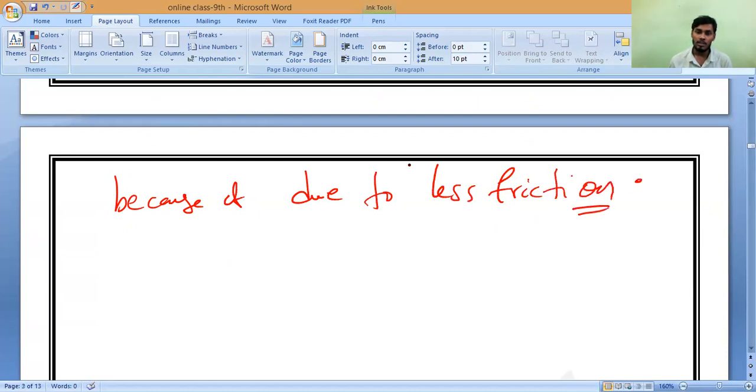It is the surfaces which are smooth, or polished, or covered with ice that are very difficult to walk on, due to less friction. So we cannot push the ground in a backward direction, and because of that the ground also cannot exert the forward force. So that is the reason.